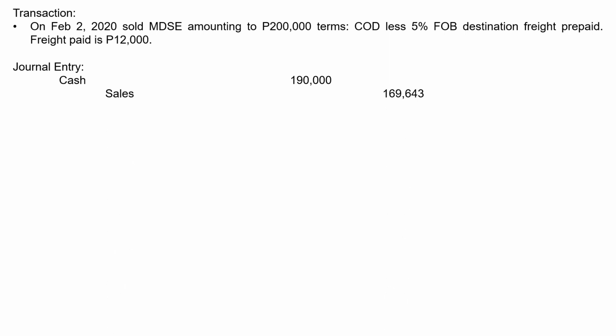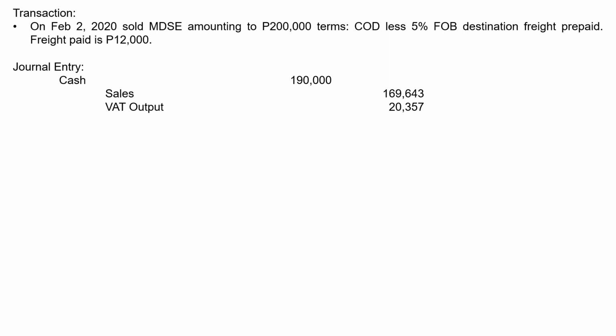So credit sales 169,643. That is because there is a VAT output. The VAT output is 20,357. So how did we get those amounts for sales and for the VAT output? It means that the 190,000 is already inclusive of tax.